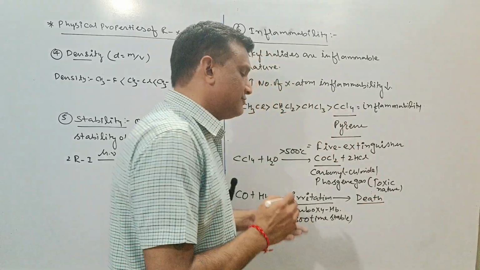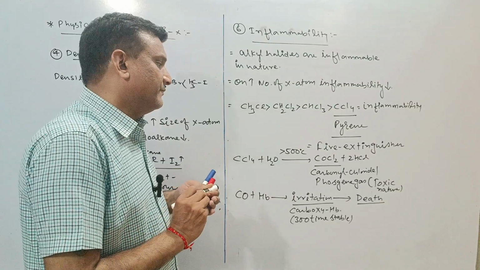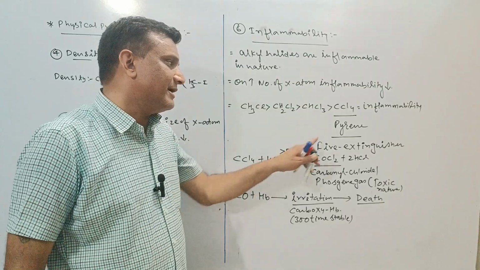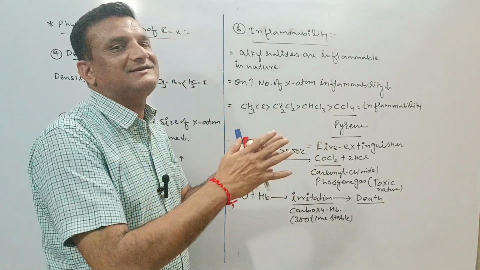That's why we should not go to a place where CCl4, carbon tetrachloride or pyrene, is used as a fire extinguisher.